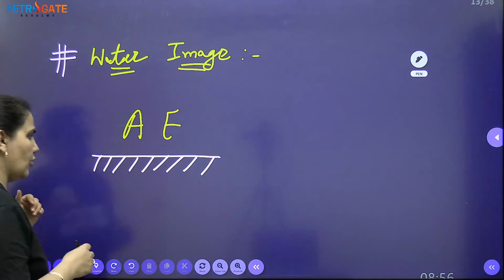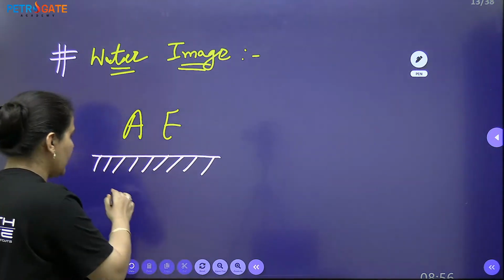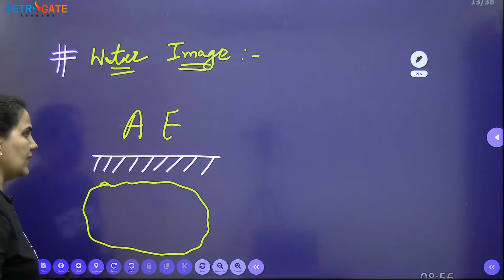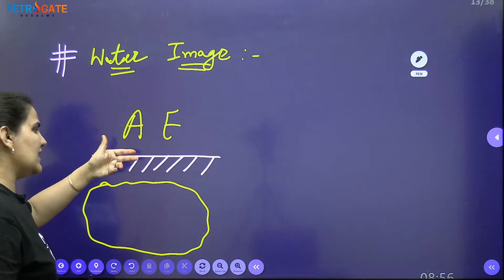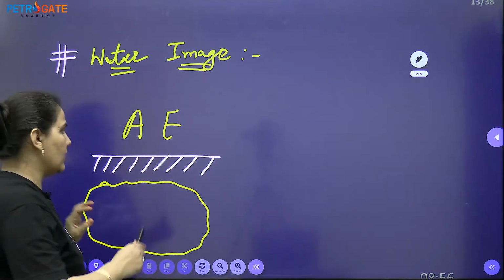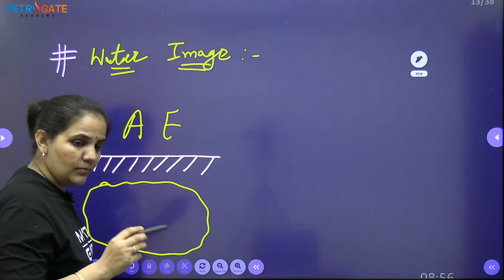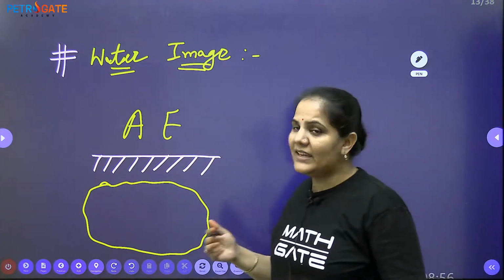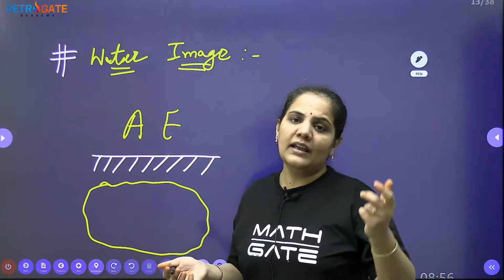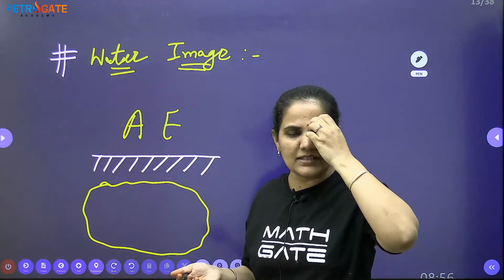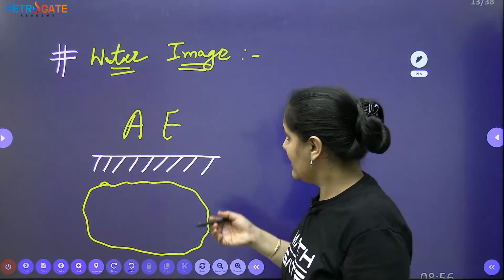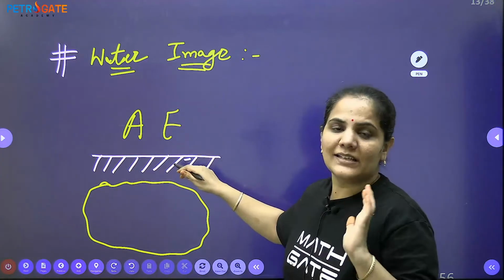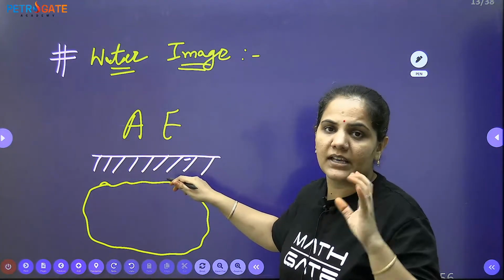Whenever we go for the water image, just assume there the water is. In the water image, it's just the opposite. So we can just assume, dear students, that when we have to find the water image of any letter, any number, any word, any image, we can assume that the mirror is put below that given letter, word, number, or image.